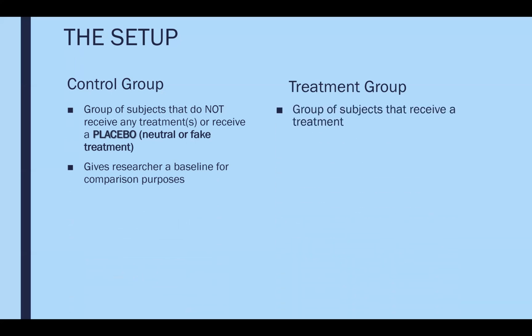And then you have the treatment group. Now you can have more than one treatment group, but you have to have at least one. So you need a control group, which creates your baseline, and you need a treatment group, which is the group that actually gets the treatment.